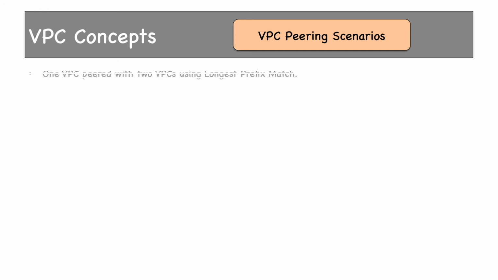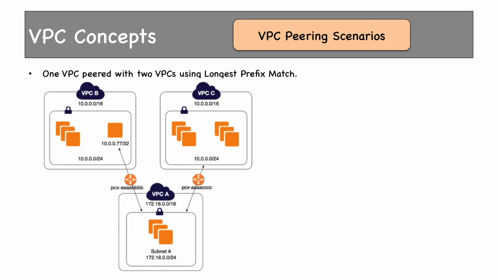One more scenario, where we'll see how longest prefix match can play a very important role. You have VPC A with one subnet. There is a VPC peering connection between VPC A and B using PCX A and B, and between VPC A and VPC C using PCX A and C. VPC B and VPC C have matching CIDR blocks.